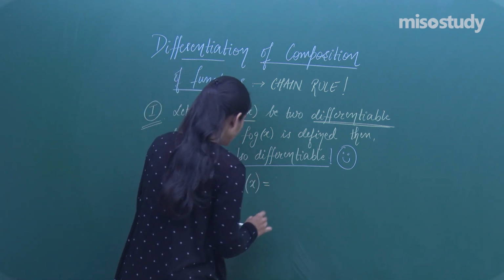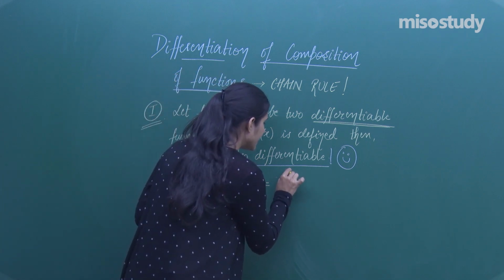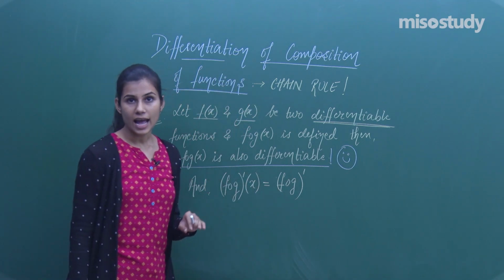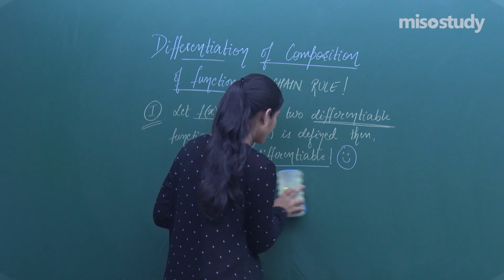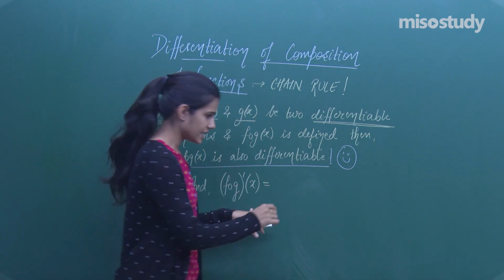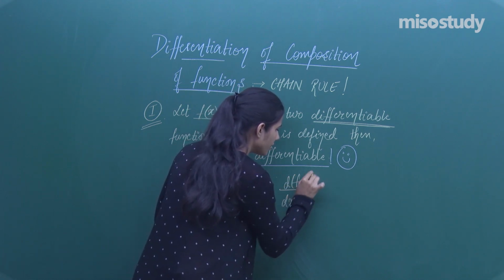It says that the derivative of f o g at x is... which point? What do you think should be the answer? What we do is, the derivative of f of g at x, you know it is written as d by dx of f of g of x.